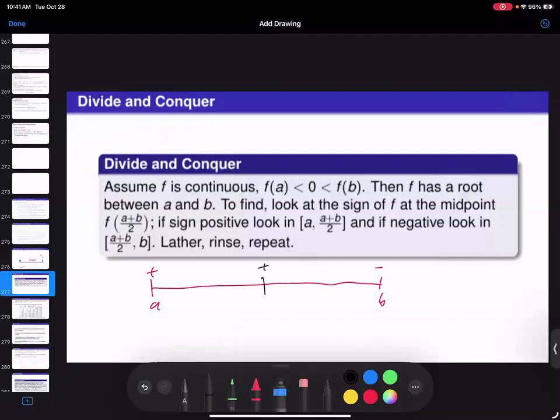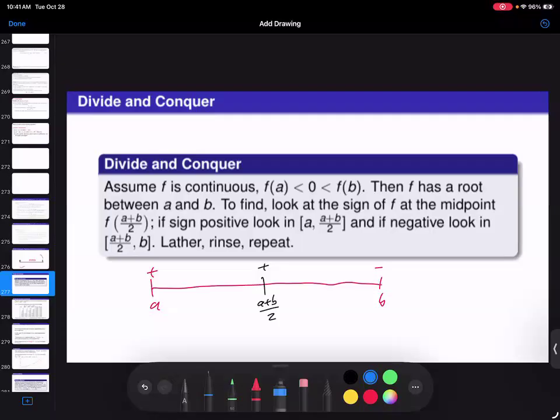Imagine it's positive here. Where must there be a root? In the first half or the second half? In the second half. So this is the intermediate value thing.